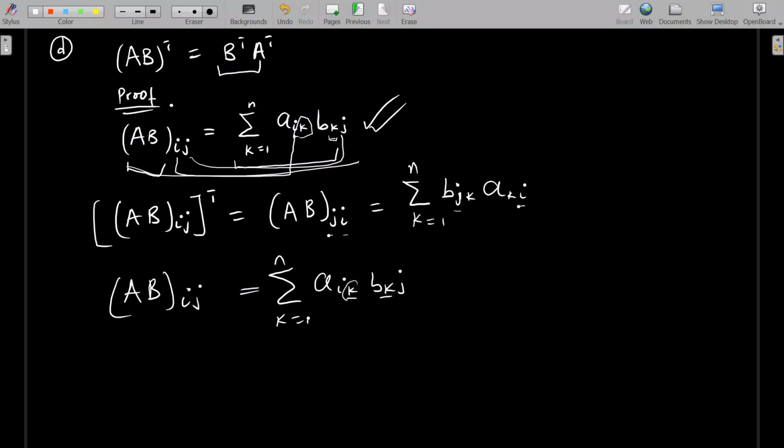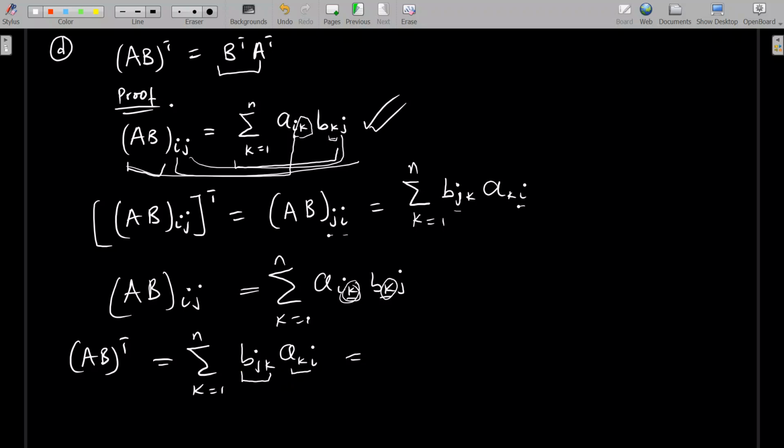All right, so this is number of rows in A, this is number of columns in A. I'm so sorry, this is number of rows in B. Now on the other hand, I've been able to write AB transpose as the summation as k started from 1 to n, and then I have bjk, and then aki. Now if I compare this to what I have there, I can say that this is the product of the matrix B and then A.